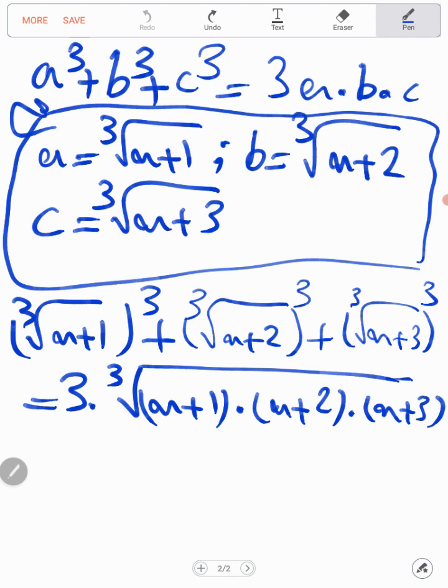Okay, it's better to simplify this math problem.